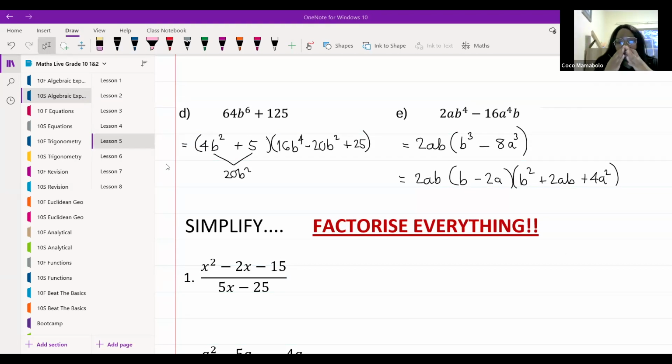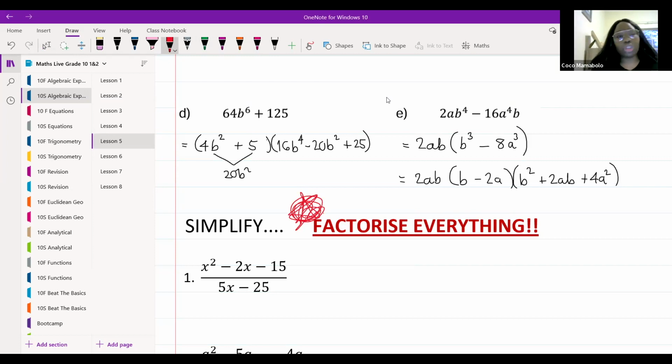I'm not even going to hide it from you guys. Here it is. Factorize everything. That is how we're going to get algebraic fractions correct.